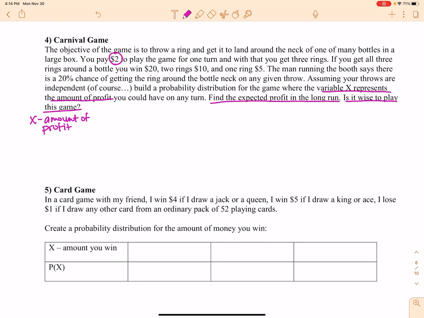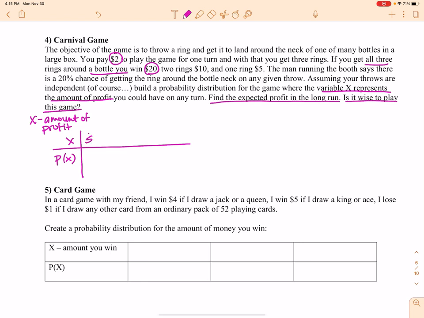So when I create my probability distribution here, I've got X and I've got the probability of X. Okay, let's think in terms of profit. Well, one of several things is going to happen. I'm going to plop down my $2 and they're going to give me 3 rings. So if I get all 3 of the rings around a bottle, they're going to hand me 20 bucks.